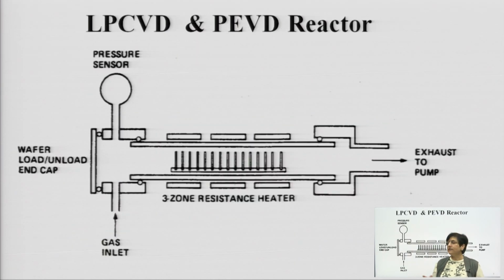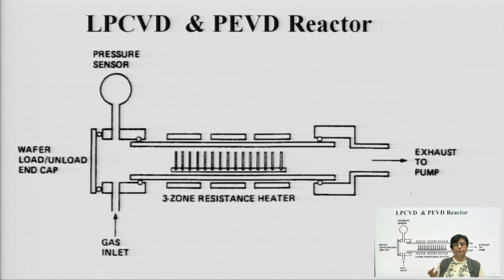Now, this is the reactor which is known as LPCVD, wherein you have a pressure sensor and low pressure operation. Low pressure means you can have the operation happening at a much lower temperature, thereby protecting the integrity or properties of the underlying layers or material on the wafer surface.